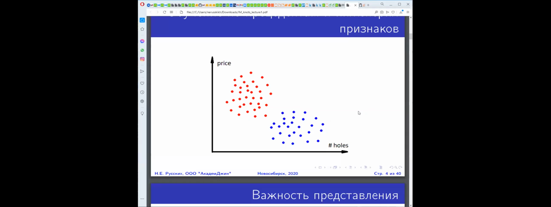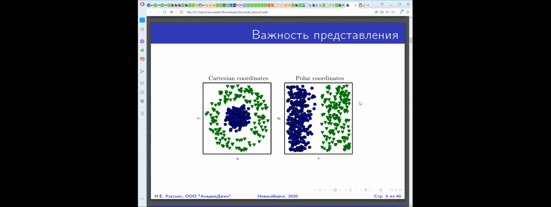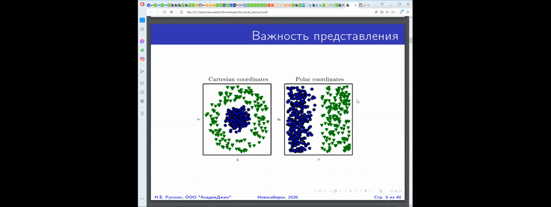And out of that, we could decide which kind of wheel it belongs to, depending on which half plane it belongs to. That would be pretty easy, but the data is not always like that, even if you spend really much time creating features. So their representation really matters.